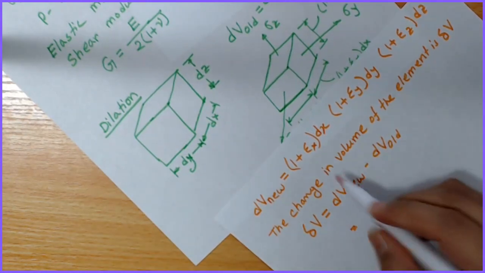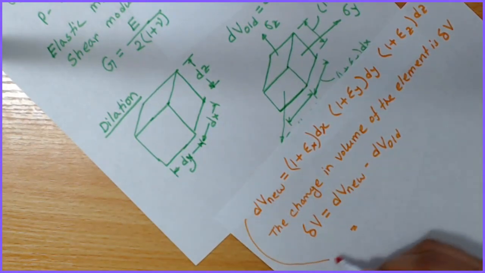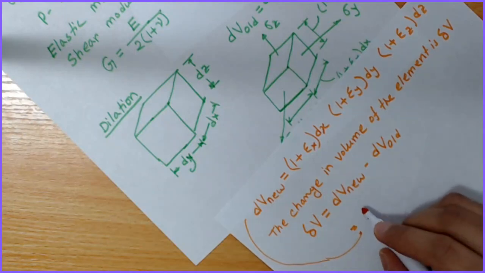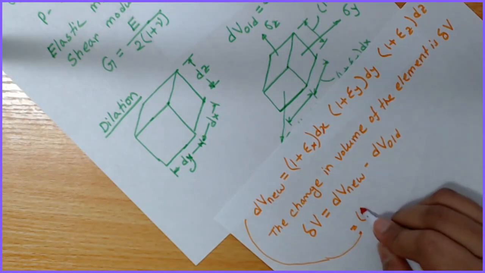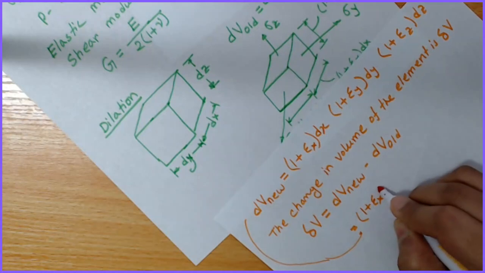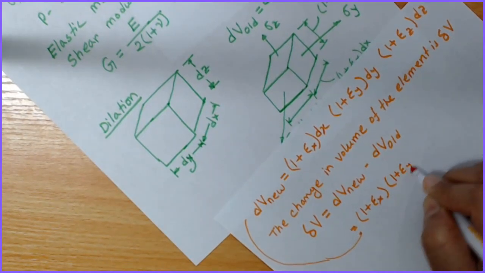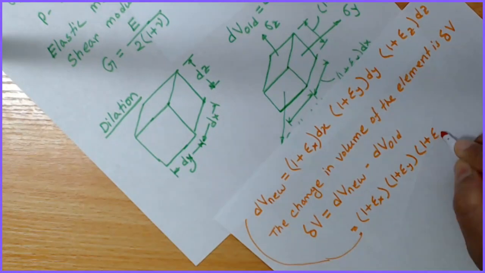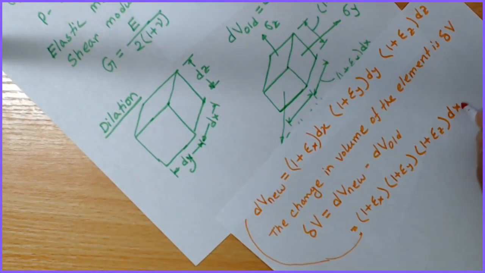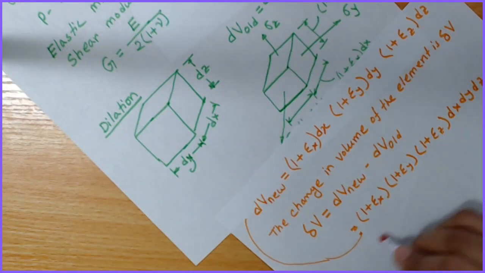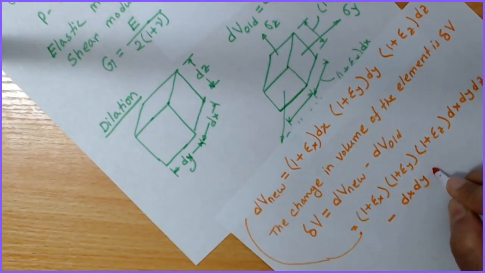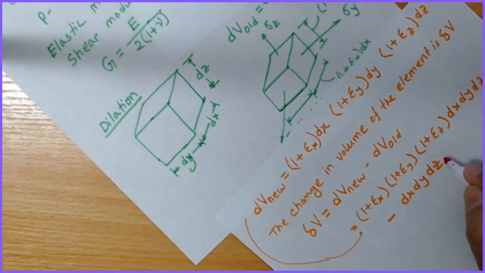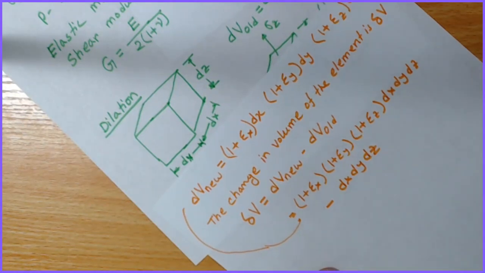So what is the dV new? I can say dV new here is 1 plus epsilon x, 1 plus epsilon y, 1 plus epsilon z times dx dy dz minus dx dy dz. Okay, so this is my delta V.